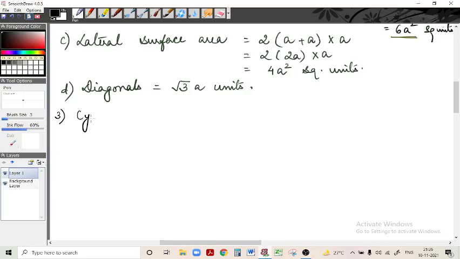So we learn about cylinders. In the case of cylinders we will learn about the hollow cylinder and the solid cylinder. Let us understand the solid cylinder first. Okay, so I am going to show you the solid cylinder now.